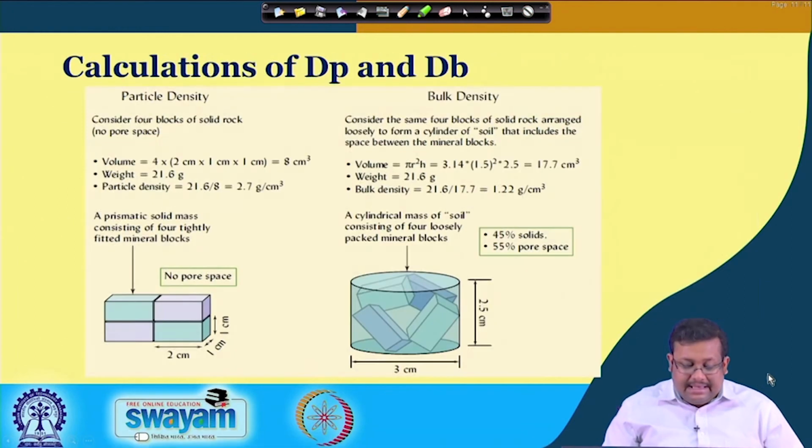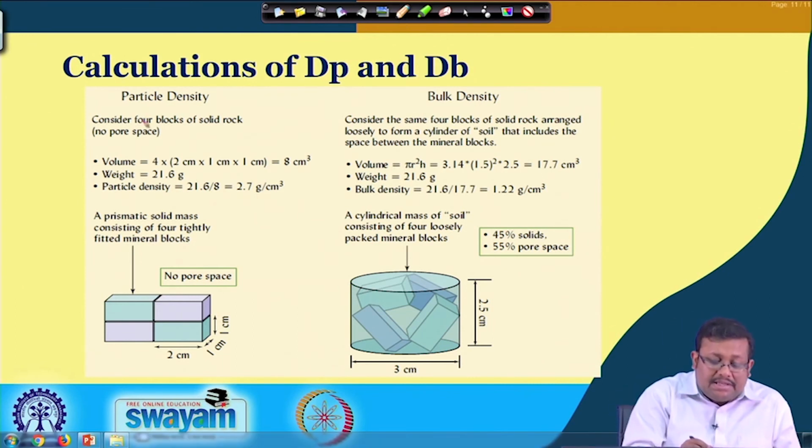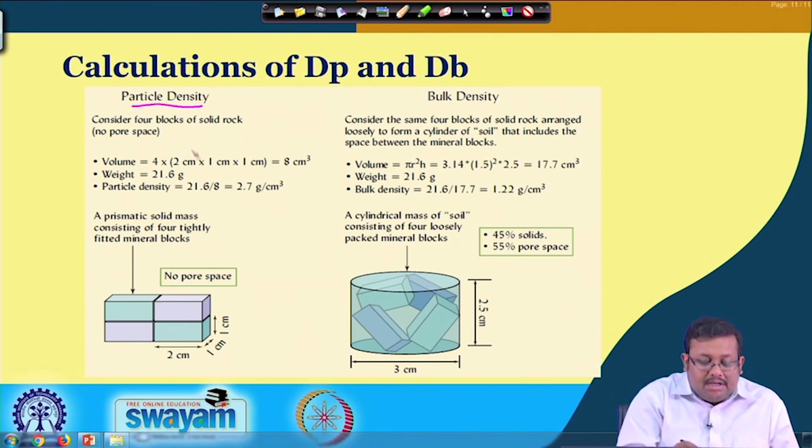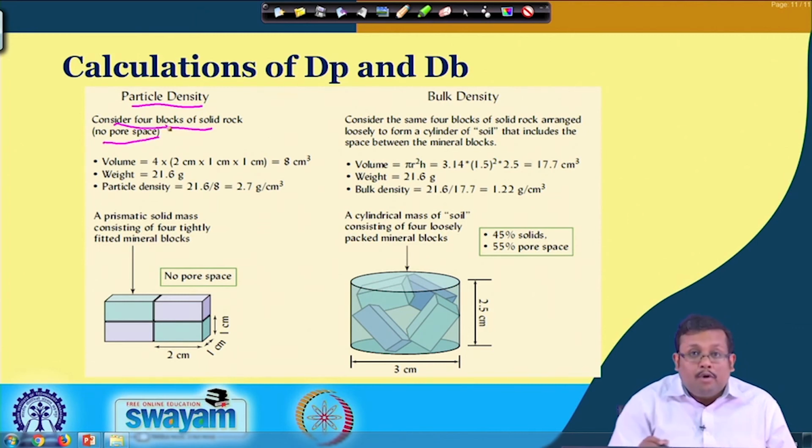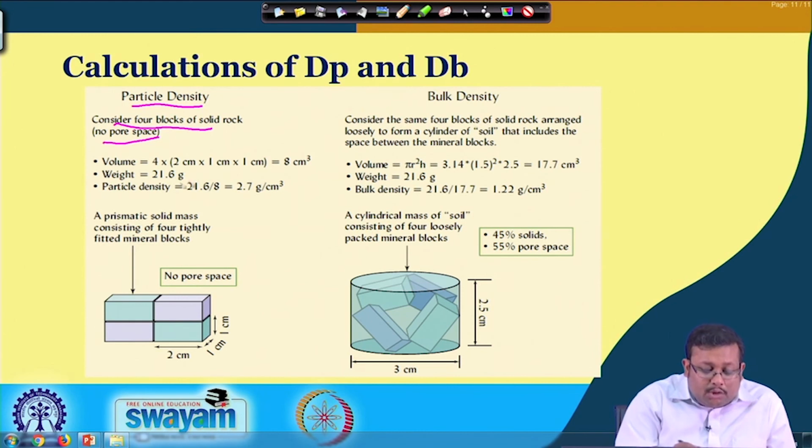So, let us see. Let us first consider particle density. If you consider 4 blocks of solid rock where there is no pore space, the total volume will be 4 multiplied by 2 centimeter into 1 centimeter into 1 centimeter, so the total volume should be 8 cubic centimeter.